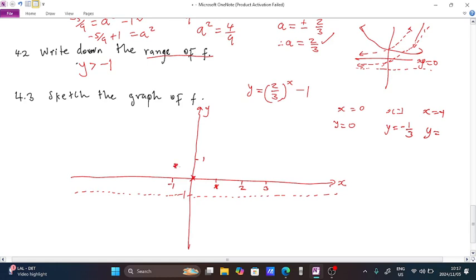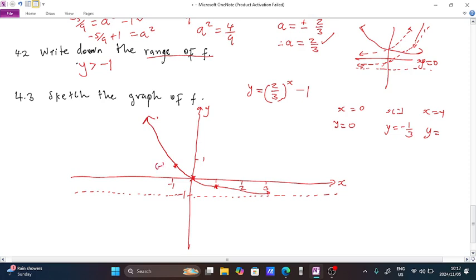Now we can see the shape. The pattern shows that from here it will go there, then it will be approaching this asymptote. It does not touch it, and the graph will be moving that way. So now this is our graph, and then you must write the coordinates.